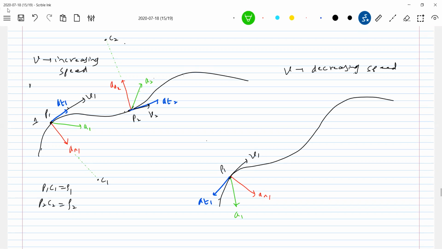Got this? So now at point P2, first the normal acceleration, velocity V2, tangential acceleration, and the total acceleration vector will be somewhere like this.